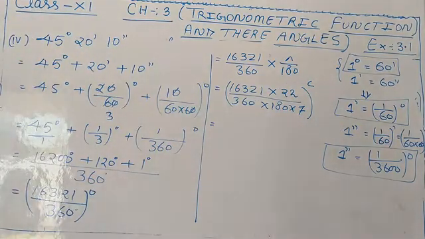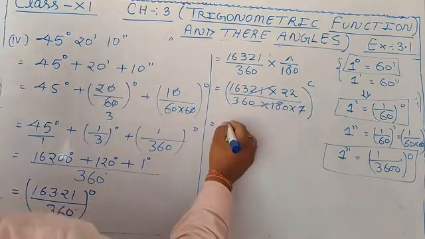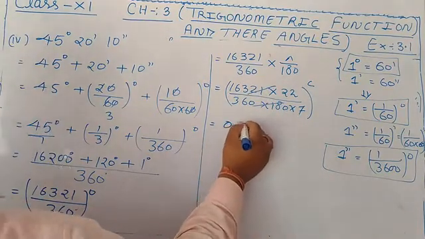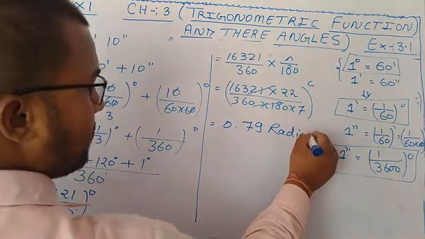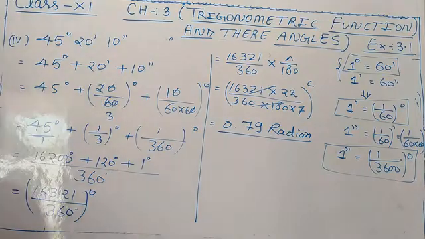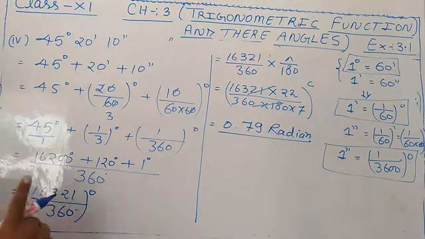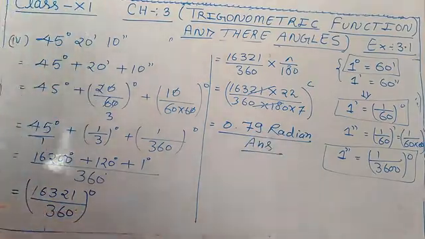Okay, student, in the form of radian form is also equal to approximately 0.79 radian. 0.79 radian. Okay, student, this is the answer. Write down.